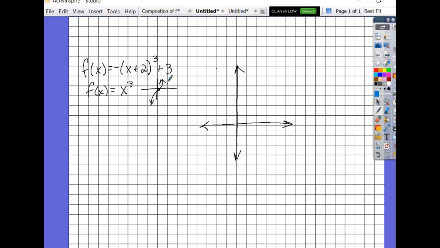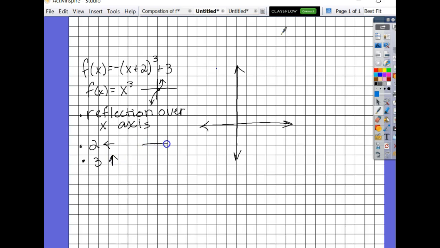So my transformations: the negative on the outside of the parentheses is a reflection over the x-axis. The plus 2 goes 2 to the left, and the 3 goes up 3.